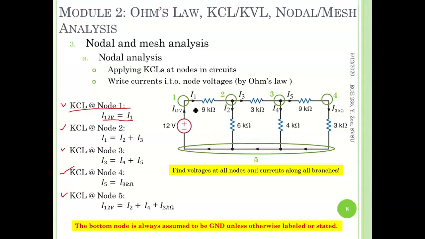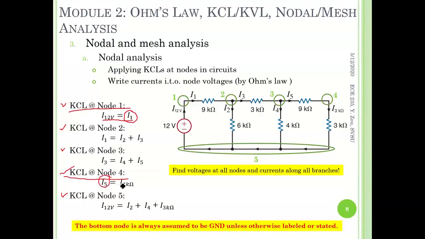So their current is, of course, identical. So to reduce the number of unknowns in the equations, we can keep only one of them. For example, we just keep I1, also knowing the current through the 12 volts voltage source is nothing but I1. Same thing happens at equation 4 here.